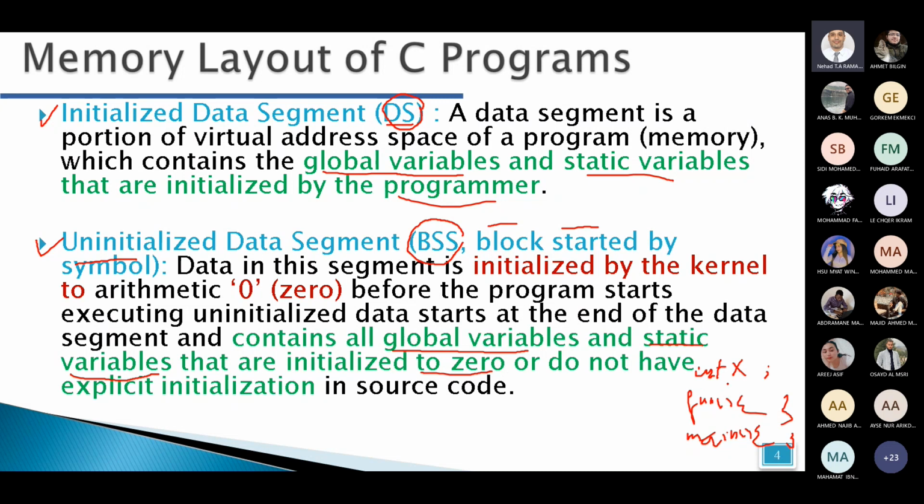then if you did not give an initial value for integer x and it's global, it will be stored in BSS. If you give initial value 0, it will also be stored in BSS. Why? Because if you give 0, or no initial value, it will be 0 in the memory, since the default value by the compiler is 0.